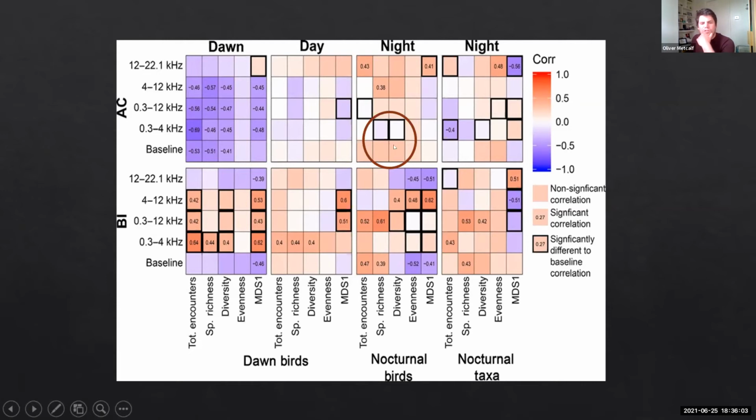We get a completely inverse correlation. So you're completely inversing the correlation you see. And we see the same at dawn with bird species richness as well. The baseline correlation is in a completely inverse direction to the correlations we find if we only look in frequencies where birds are likely to be.